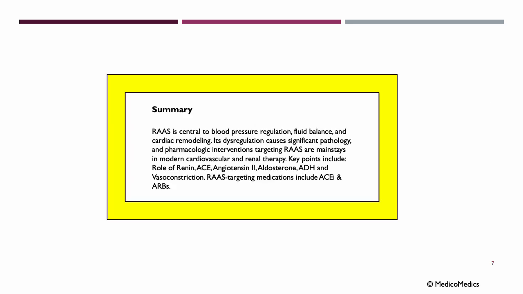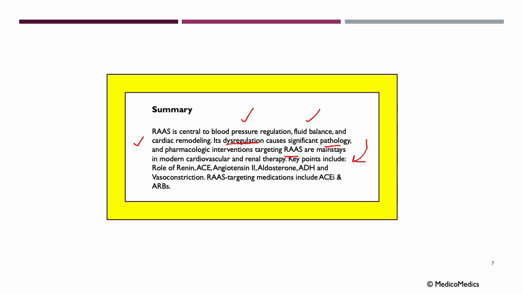So in summary then, RAAS is central to blood pressure regulation, fluid balance, and cardiac remodeling. Its dysregulation causes significant pathology, and pharmacological interventions targeting RAAS are mainstays in modern cardiovascular and renal therapy.